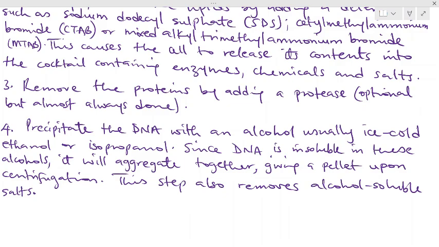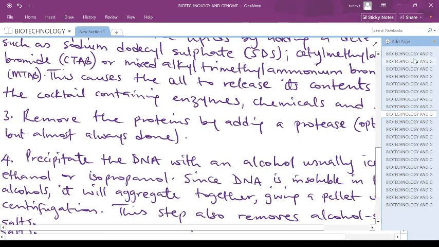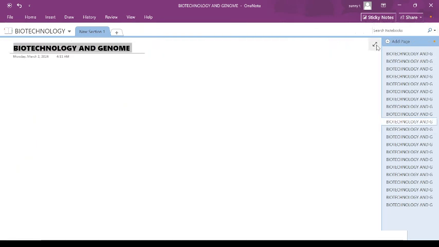All right. So in the next slide, we want to see what happens next after the DNA is extracted. The DNA that is extracted will exist in long strands that form a mucus-like globe within the solution.